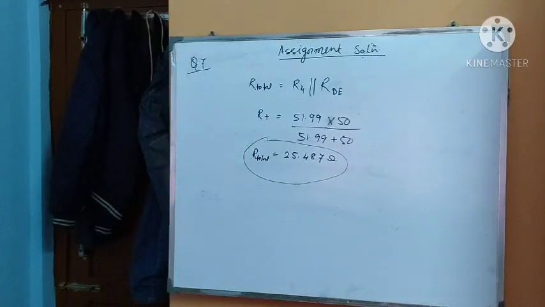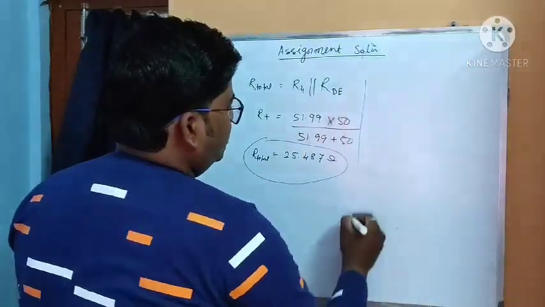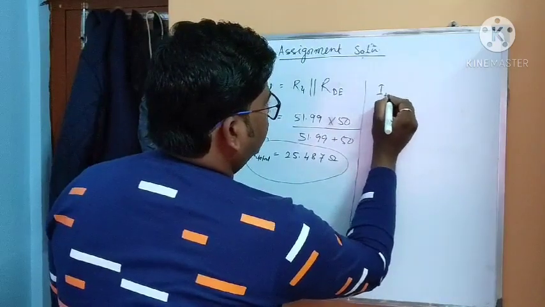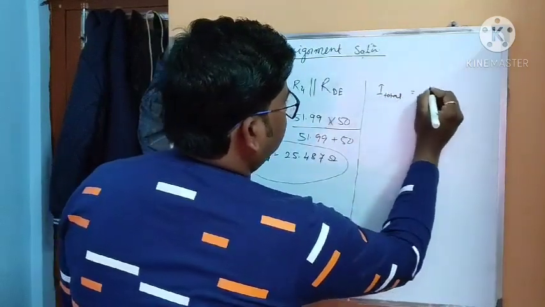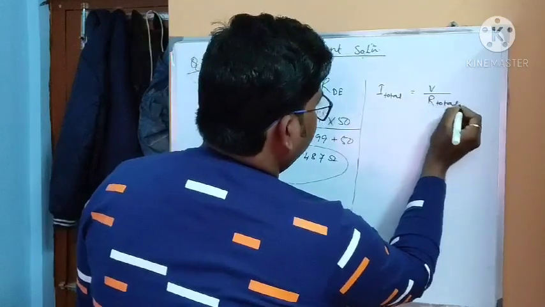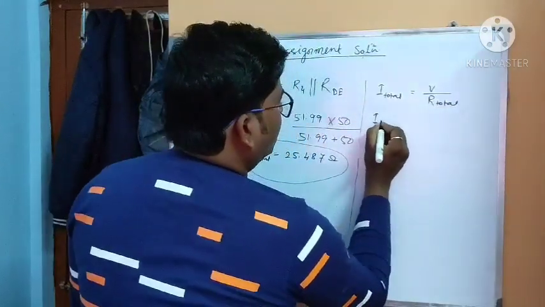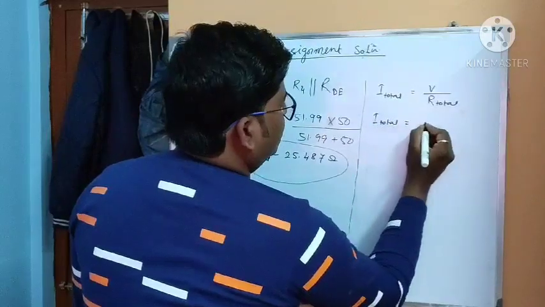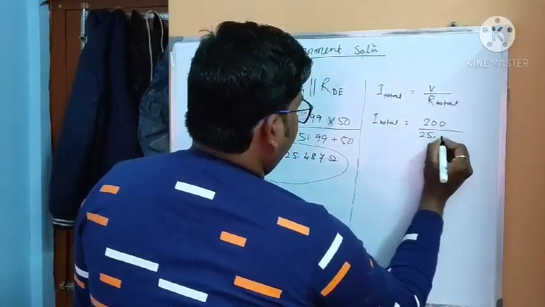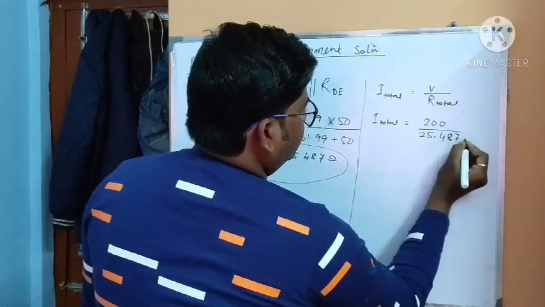Okay, so we have got the value of total resistance offered by the circuit, or resistance present in the circuit. Now the supply voltage is already given, so I total, or the total current, is equal to V upon R total. That means I total is equal to 200 divided by 25.487.